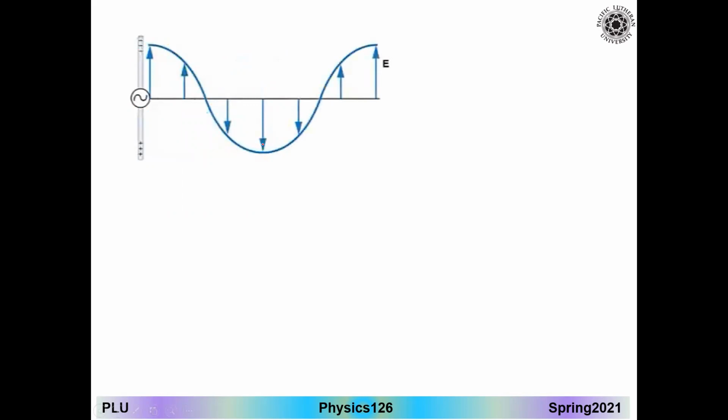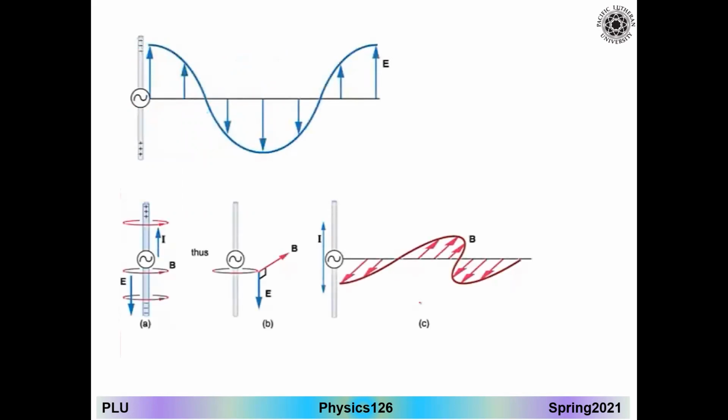Similarly, to imagine where the magnetic field comes from: since we have current going through the wire, the wire will generate a magnetic field. The magnetic field can be found using the right-hand rule. Based on the right-hand rule, the magnetic field will point right or left depending on the direction of the current.